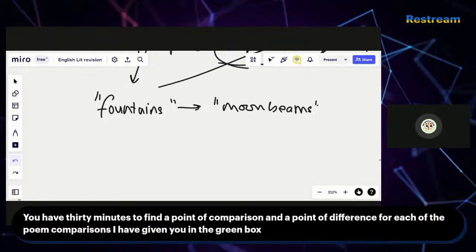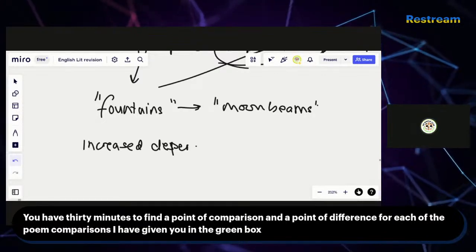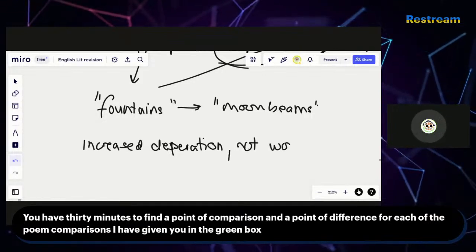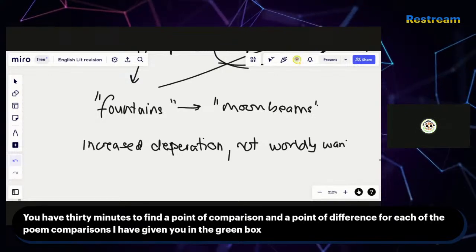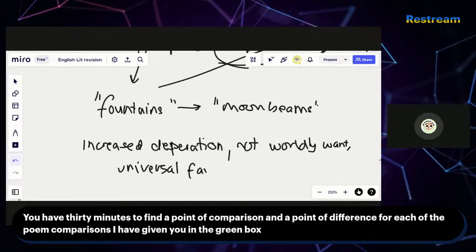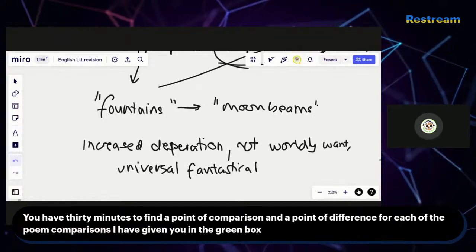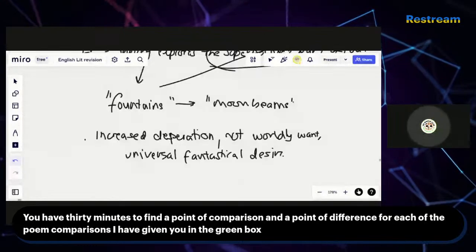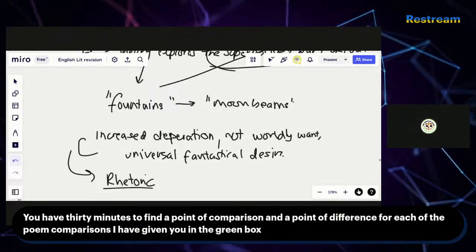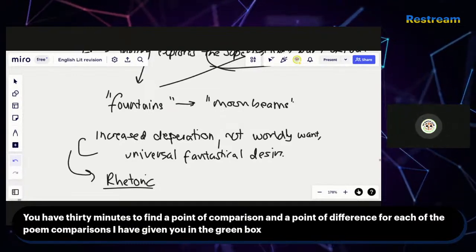And this emphasizes his increased desperation, that it is not only worldly want, but it is universal and fantastical. Therefore, this acts as another method of Shelley's rhetoric, which is the art of persuasion, in order to convince that he wants to be loved.